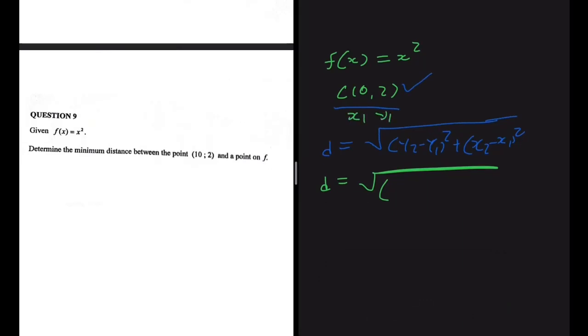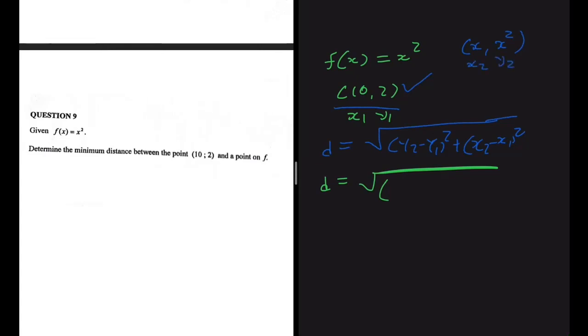And then for x2 and y2, we're going to use the function itself, because for every point on the function f(x), we're going to have some coordinate x and the corresponding y value x squared, right? That is what this function is essentially doing, right? So let's let this be x2 and let this be y2.